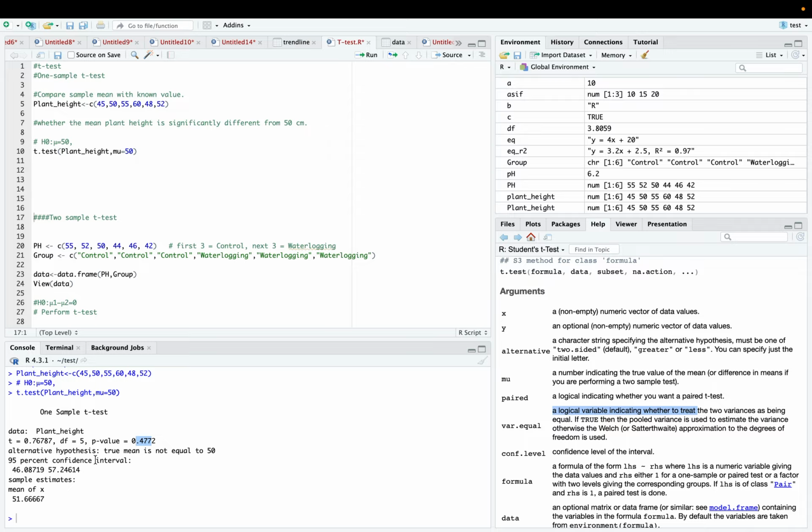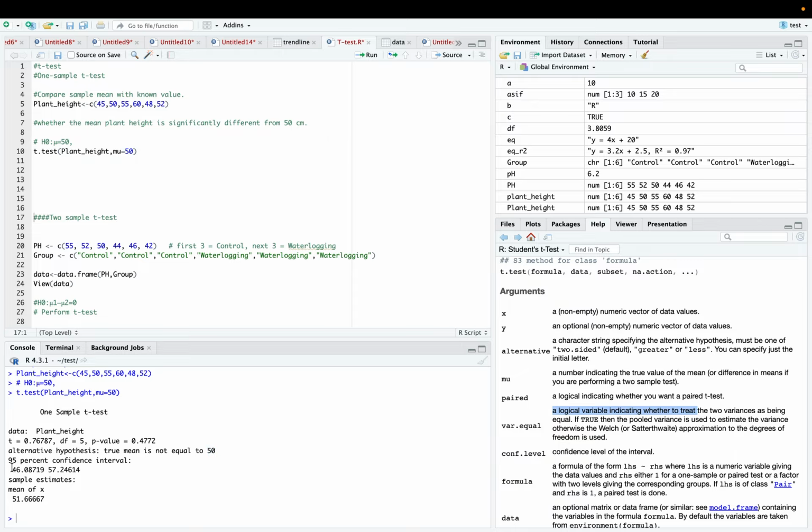What about our alternative hypothesis? True mean is not equal to 50, as our 95% confidence interval, the range of the mean, is between 46 and 57. So this is the confidence interval, and our null hypothesis mean is 50.